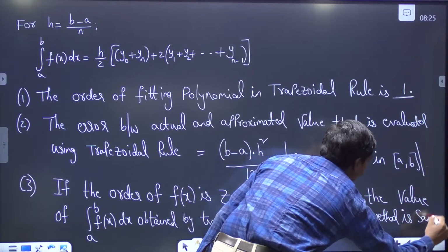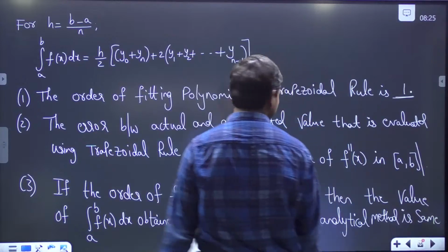So it is the same in the sense that the error is 0.